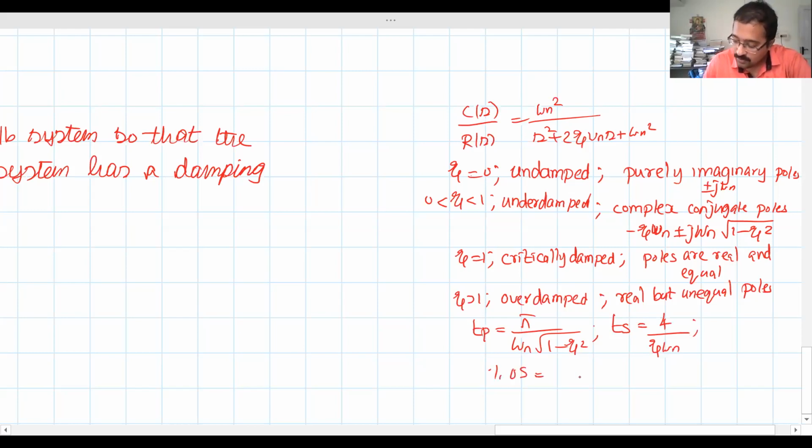E raised to minus pi zeta by root of 1 minus zeta square. All these transient response specifications were spelled out for a standard type 0 second order underdamped system.